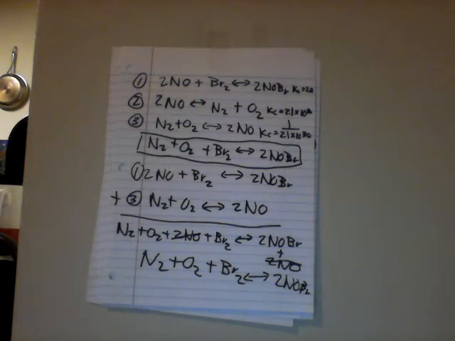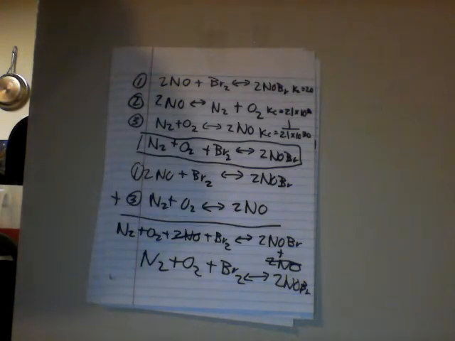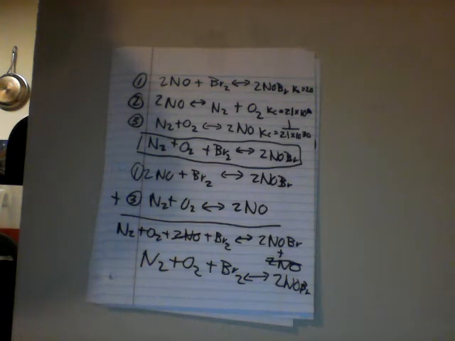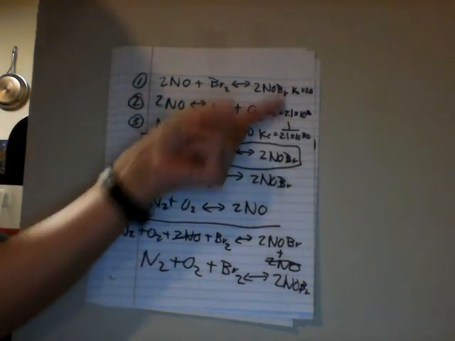Now, the actual question says, find the equilibrium expression. Calculate the equilibrium constant Kp for this reaction. So we're actually trying to find Kp. These values, see, this is where they can trip you up. Look at my values. My values are given to me in Kc.